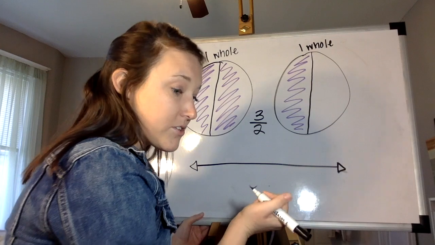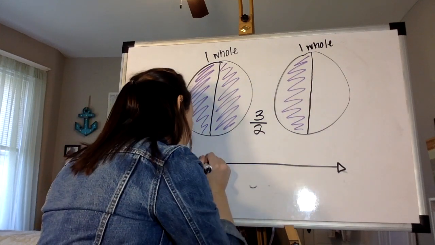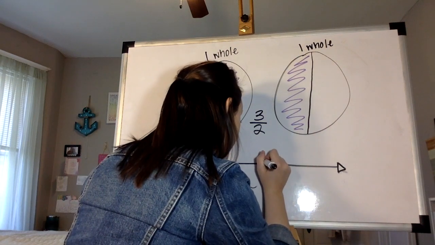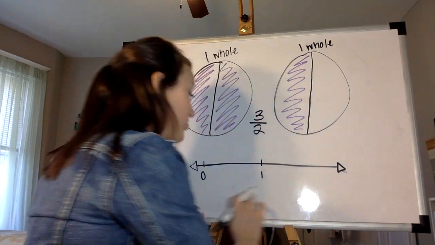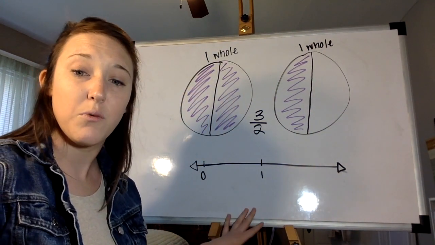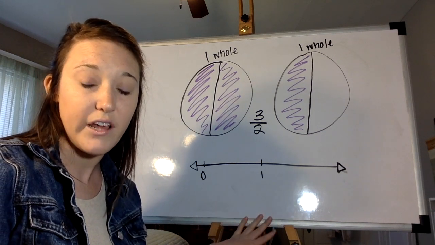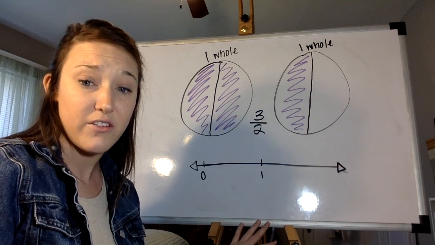Okay, and so on the number line, like always, they give us the 0 tick, they give us the 1 tick, which is different from last lesson. When we were working last lesson, all of our numbers were based 0 to 1. Well, these are now going to be greater than 1, okay?